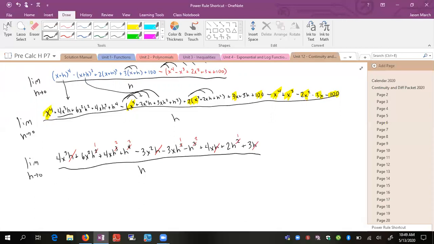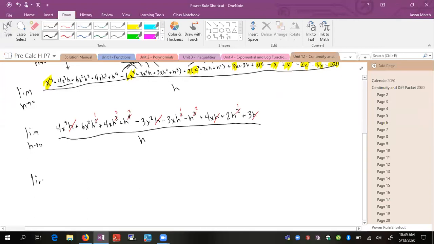So let me rewrite it so you can see exactly what's happening here. We have the limit as h goes to 0 of 4x cubed plus 6x squared h to the first plus 4x h squared plus h cubed minus 3x squared minus 3x h to the first minus h squared plus 4x plus 2h plus 3.